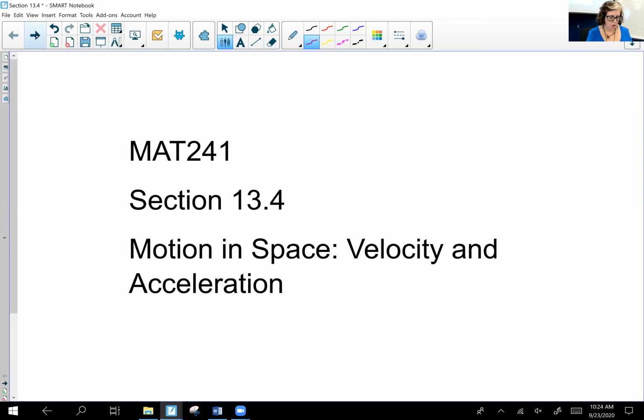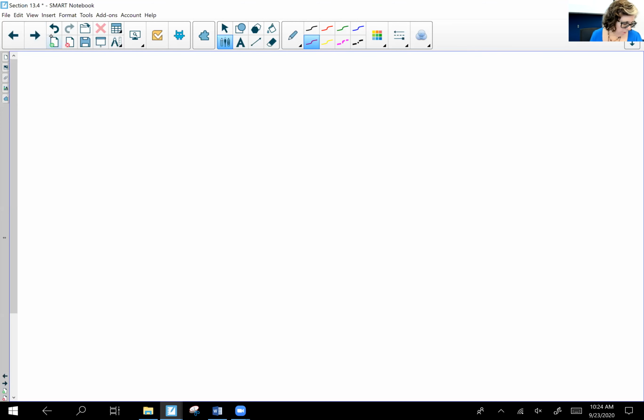How strange. So let's just really quickly make sure you have in your notes, and they give it to you in the homework, but this is something you will need in the future. And that is torsion.